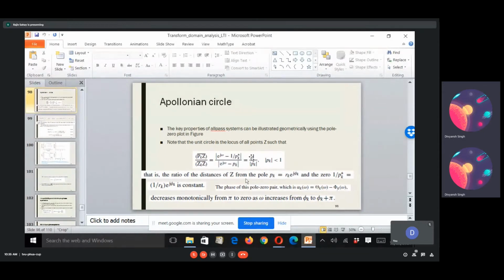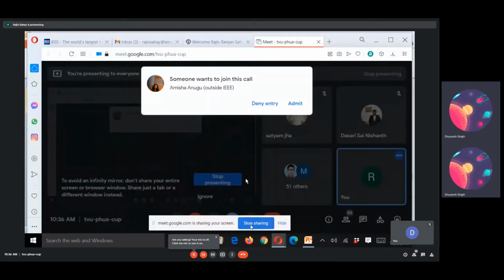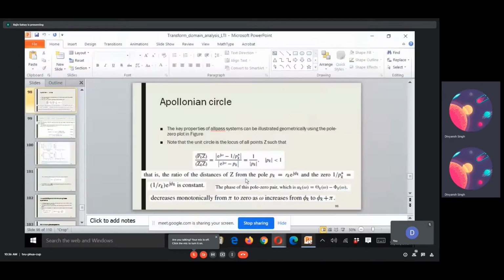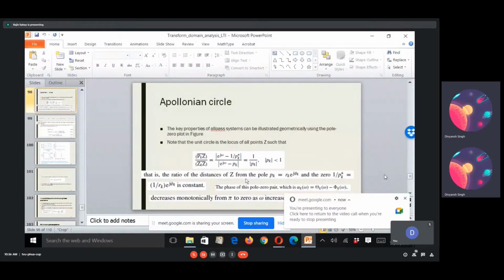On the unit circle, it will become 1 by pk mod. So the ratio of the distances of z from the pole pk and the reciprocal zero, 1 by pk star, is a constant.